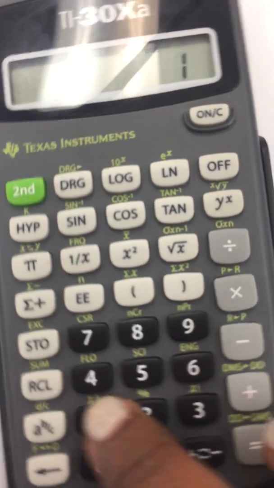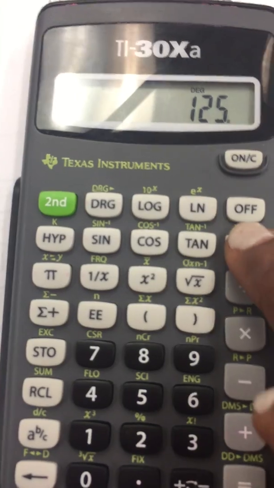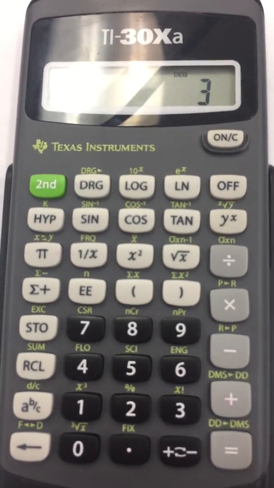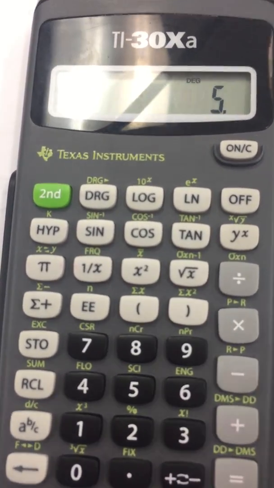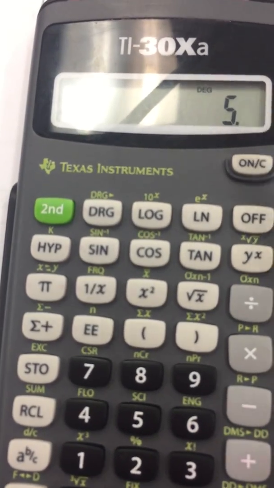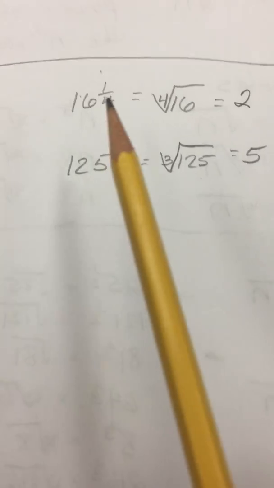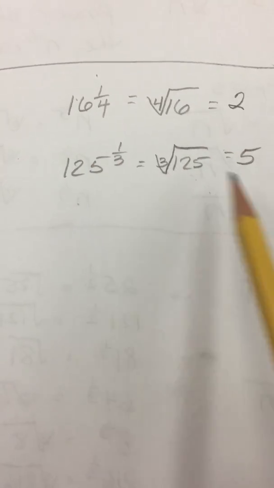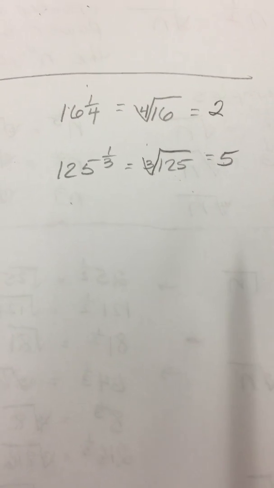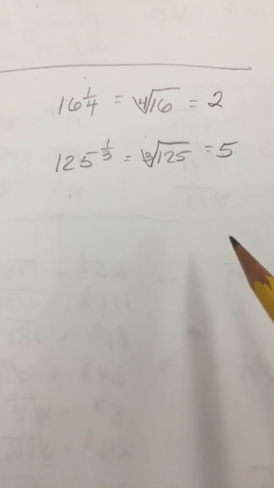So we put 125, and we're going to put a 3 here, hit equal, and that number is 5. So this equals 5. And this is adequate work, guys, to show me.